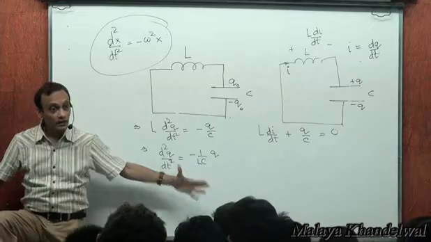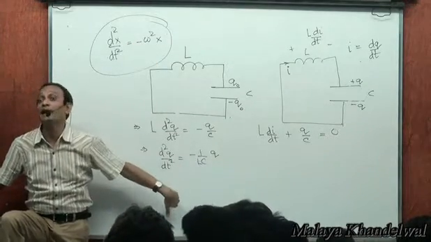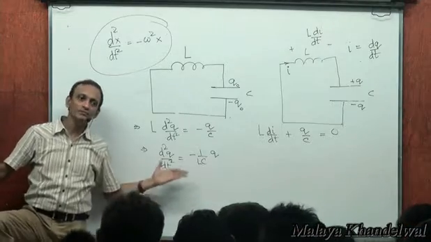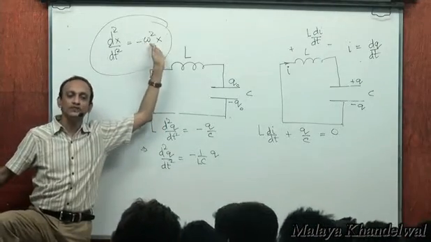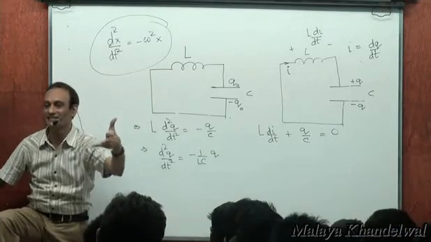Here you have an amplitude of x, here you have an amplitude in q. Q is a function of time, exactly the way x was a function of time. The differential equation doesn't know how to distinguish between x and q.